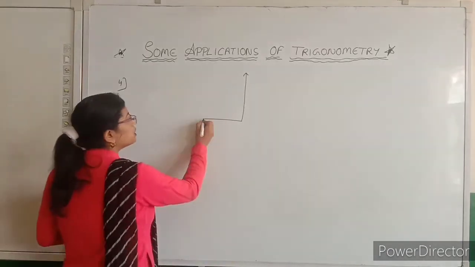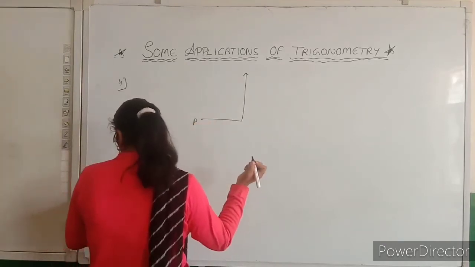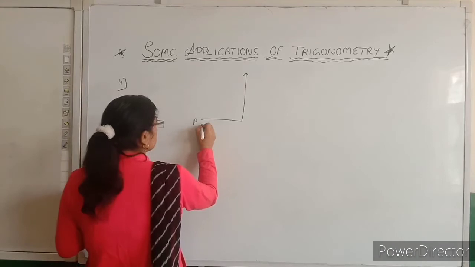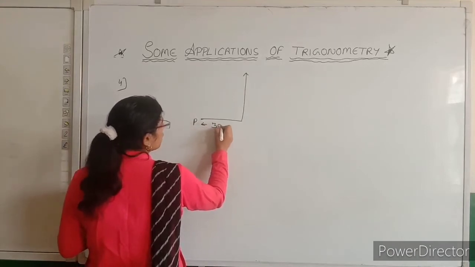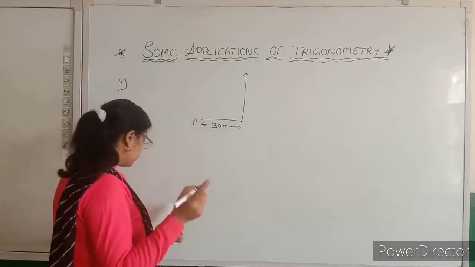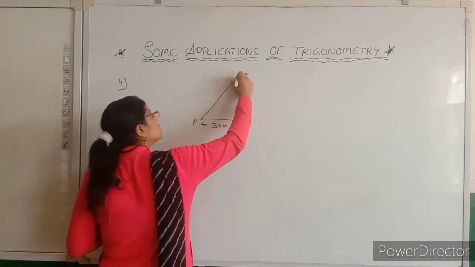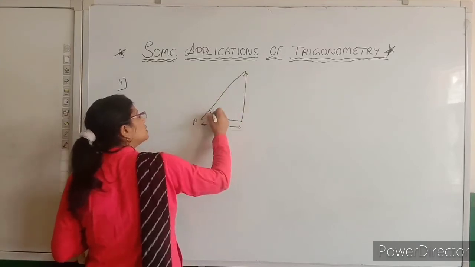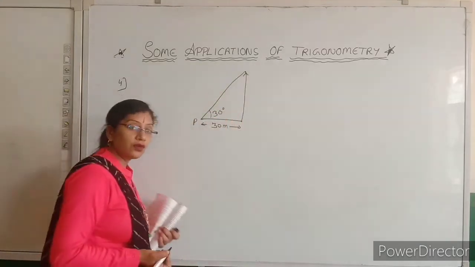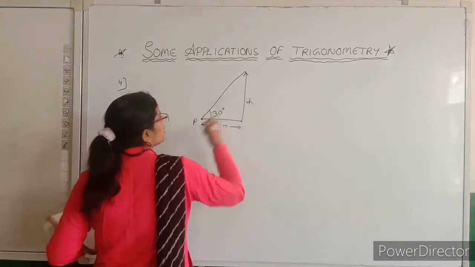So this point P is 30 meter away from the foot of a tower. The angle of elevation is given to you, 30 degree. Elevation means it will be formed upwards. So this angle of elevation is 30 degree. Okay, this is given to you. Find the height of a tower. So this height you have to find.